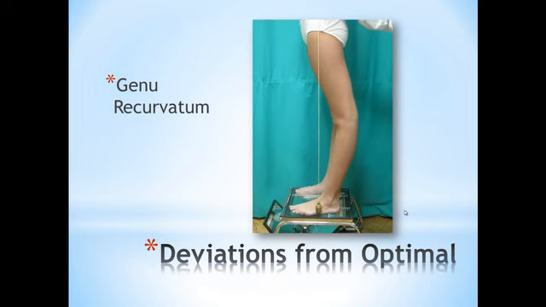Now, why do people fall into this category? What happens with this Genu Recurvatum, this hyperextended knee position? Sometimes it's related to a lack of dorsiflexion mobility at the ankle. So they don't have the ability to get over the top of their ankle, so their knee stays hyperextended. Another time you'll see this is in individuals that have very weak quads.